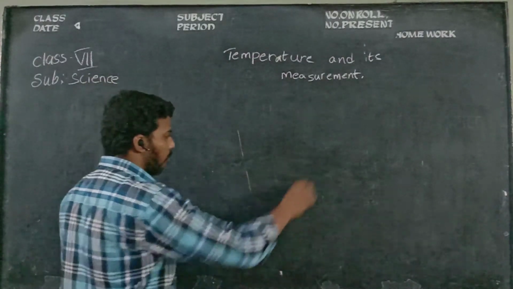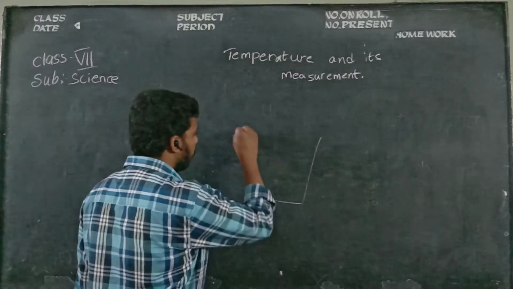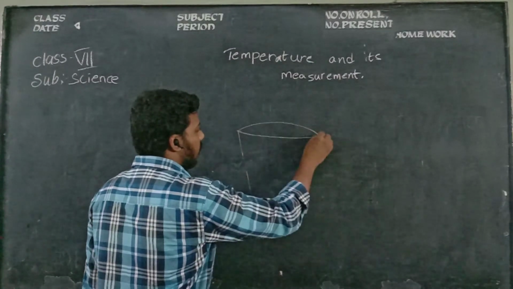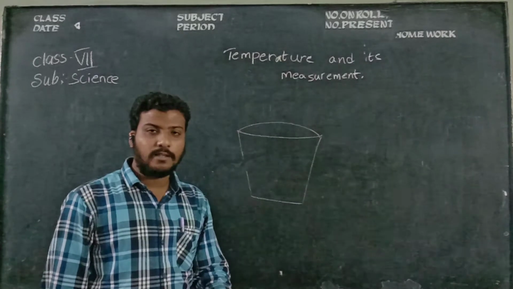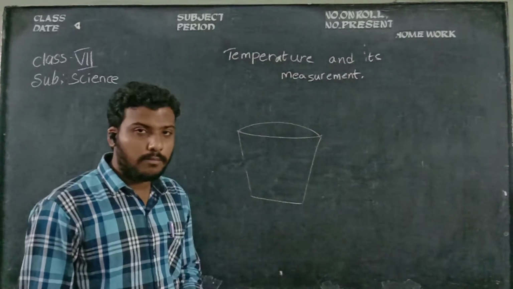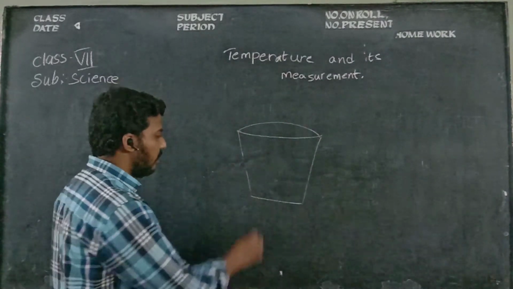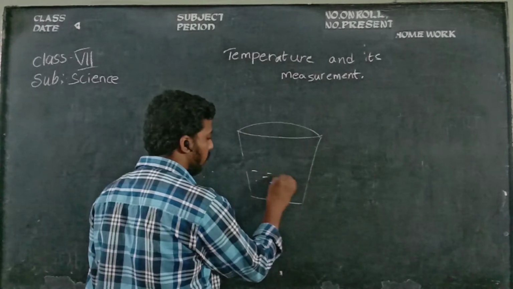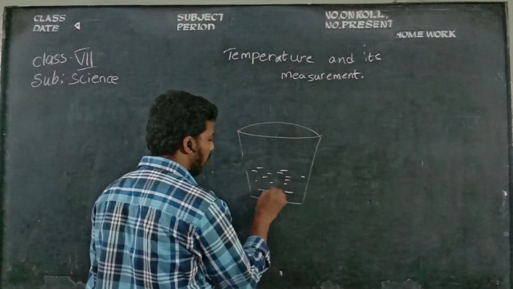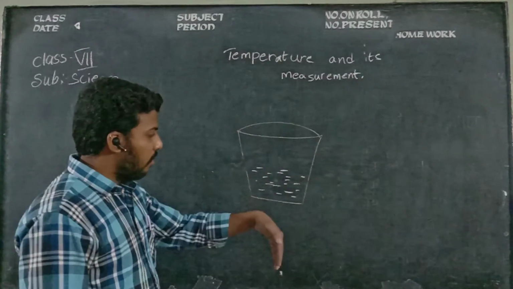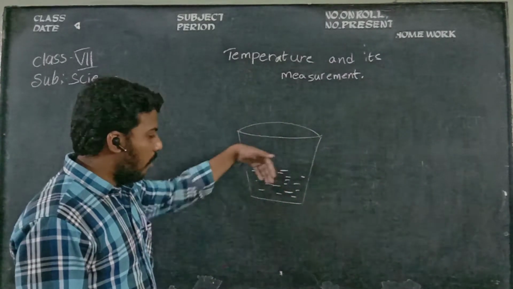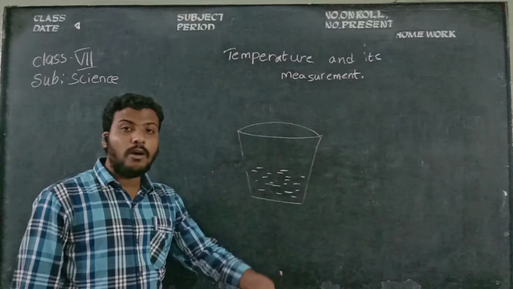Simply, again you take one bucket, children. Here it is a bucket. In winter season, you most probably prefer to take a hot bath. So here is hot water in the bucket, children. Whenever you insert your fingertips into the hot water, you will get a feeling of hot.